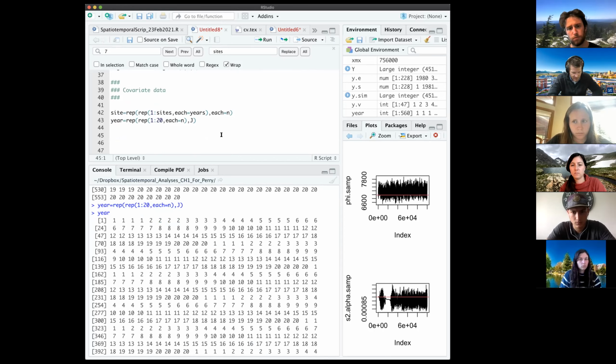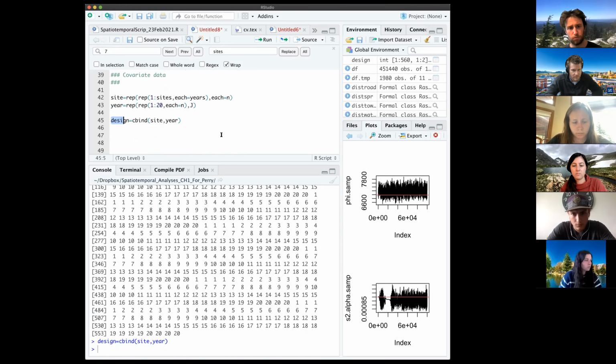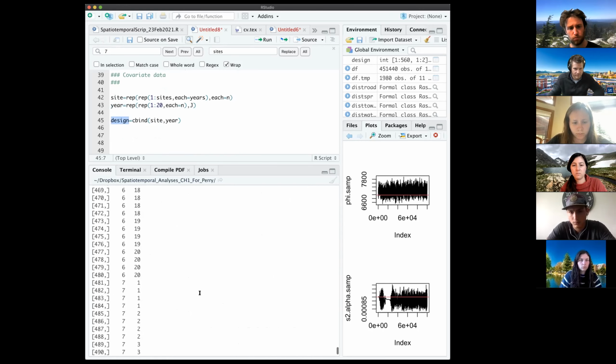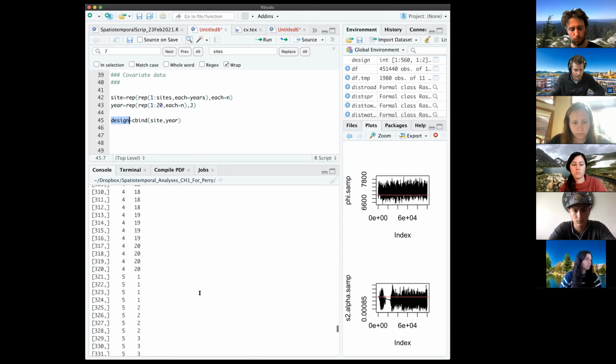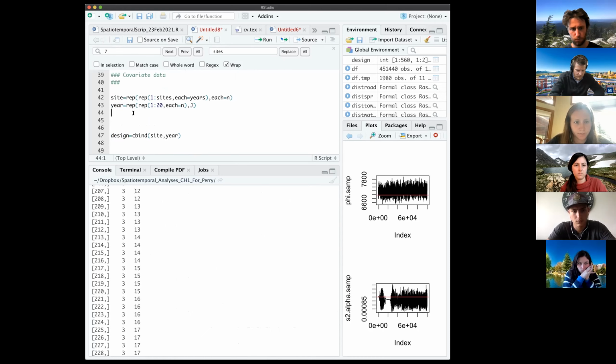So we can start to put our data together, our design together. We'll have an observation number for each site for each year.